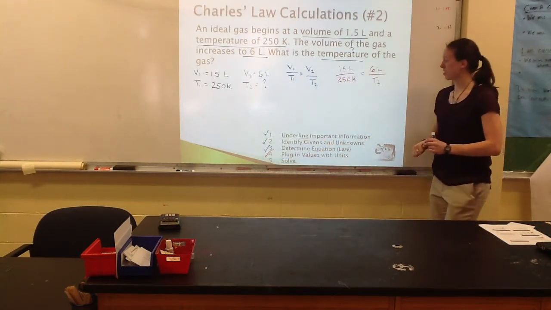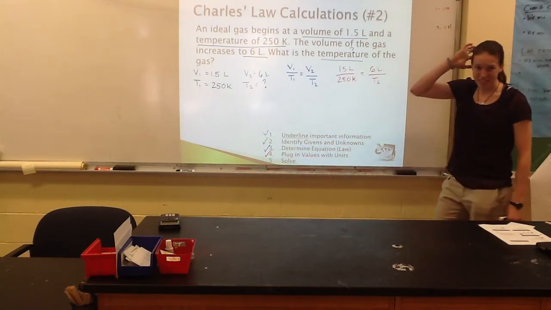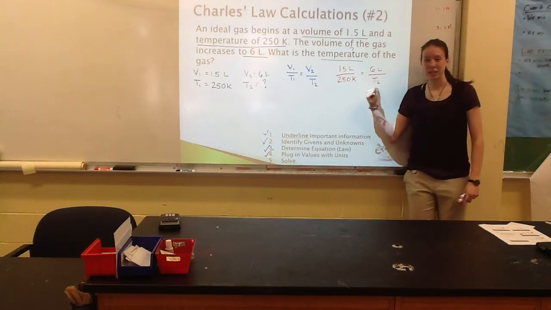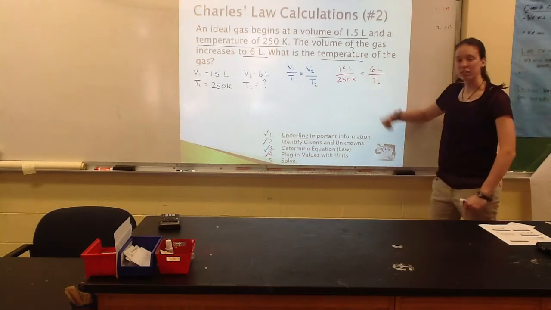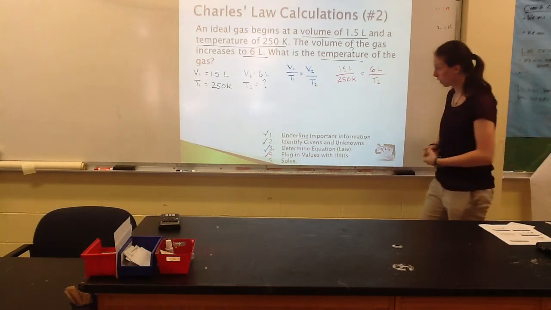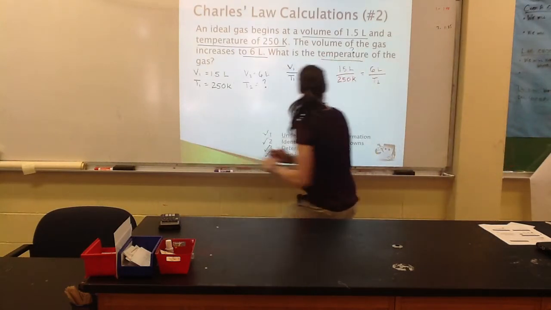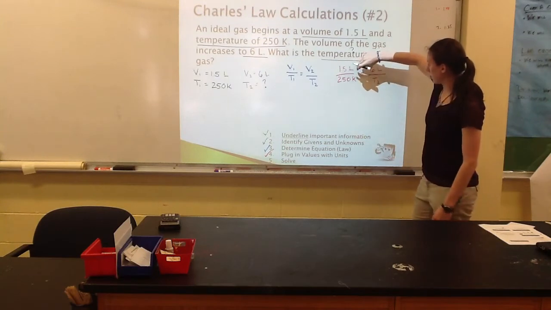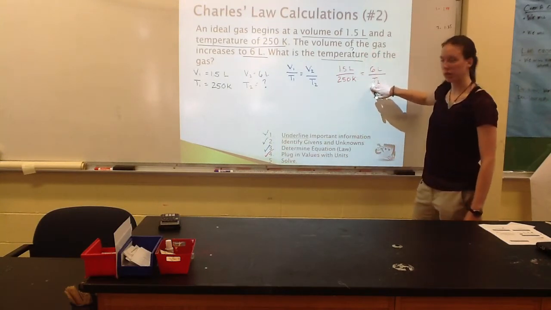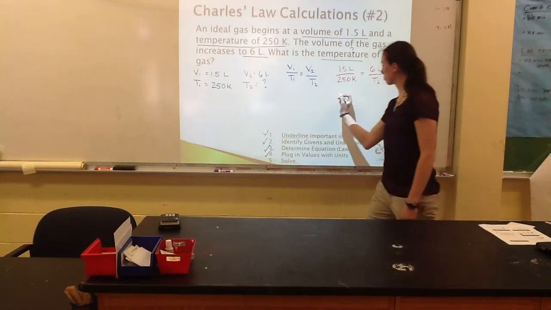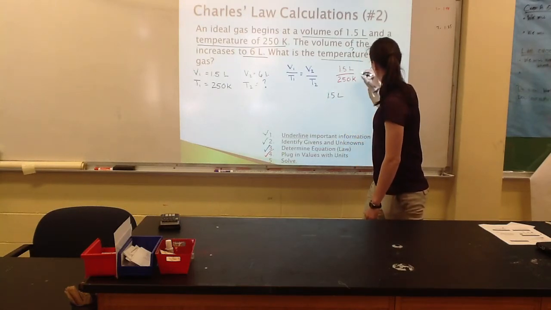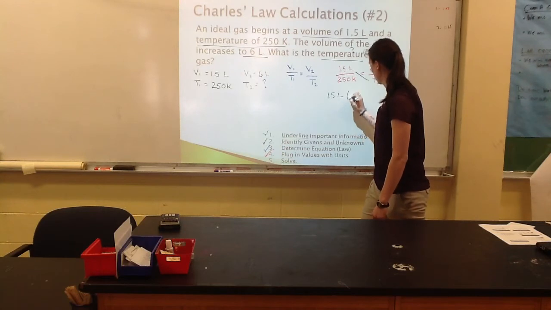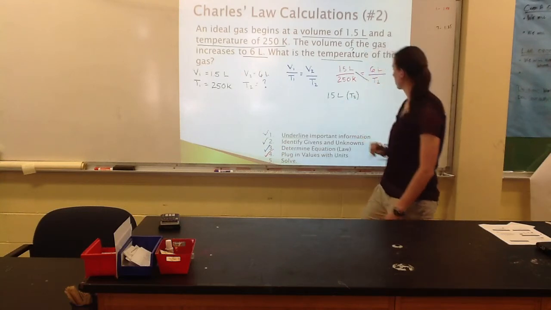The last step is to solve. In this case, my unknown is my temperature, which is in my denominator. In order to isolate it, we're going to have to first cross multiply. I'm going to multiply 1.5 liters times T2, and I'll rewrite this below: 1.5 liters times my T2.